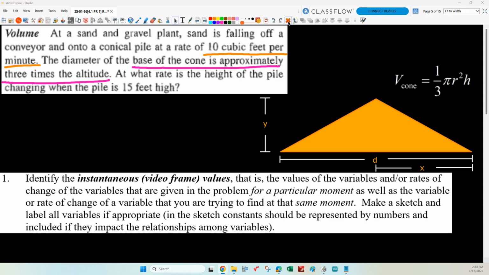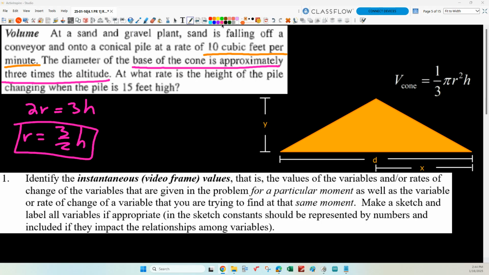Let's rewrite that statement. The base, 2r, is 3 times the altitude, 3h. Agreed? Diameter equals 3h. So we want to eliminate r, so all we would do is solve for r in terms of h. r equals 3/2 h, and let's plug that in right there.